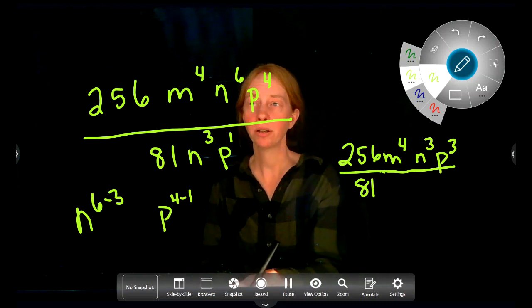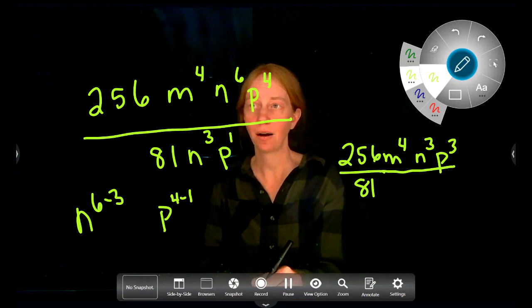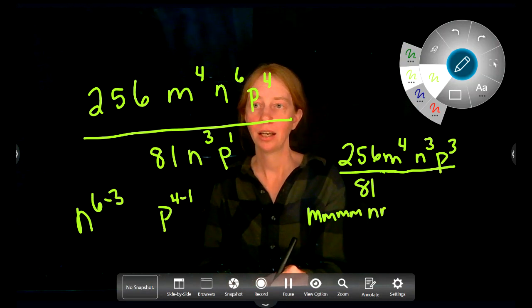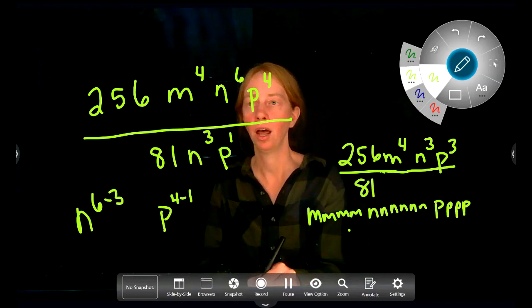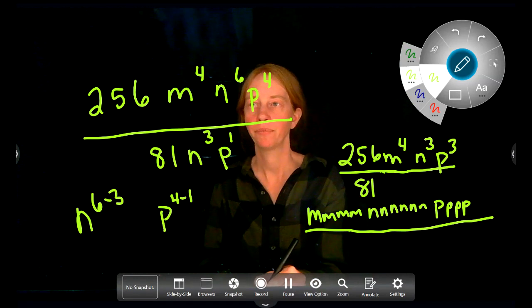If you ever get confused about this, you can write these out. So we have m, m, m, m, n, n, n, n, n, n, p, p, p, p. Okay. And then at the bottom, we had n, n, n, p.